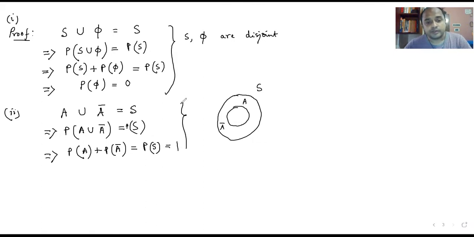And which proves the second property very easily with the help of the axioms.